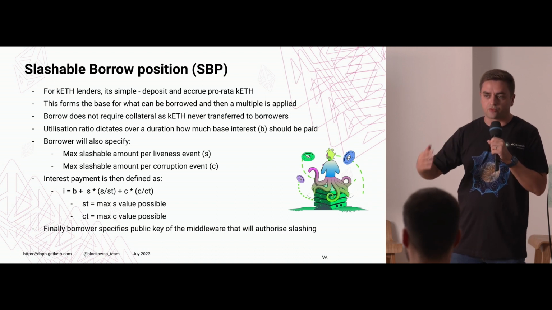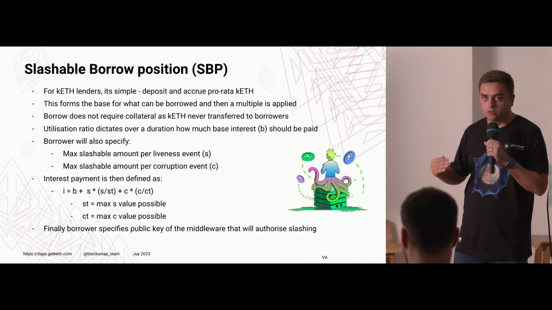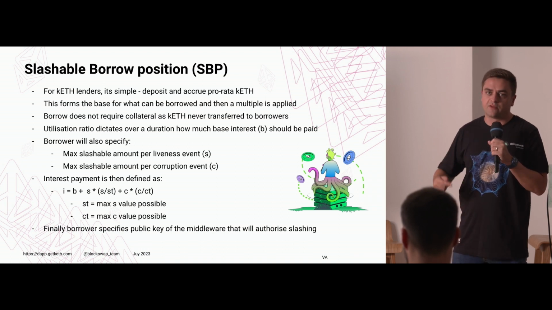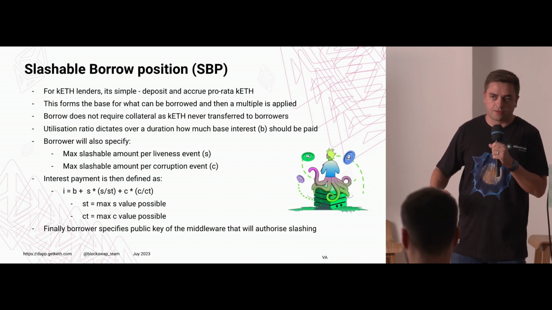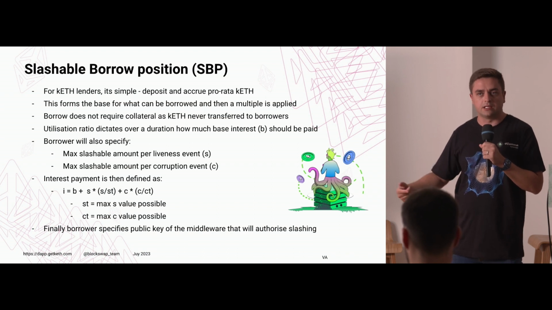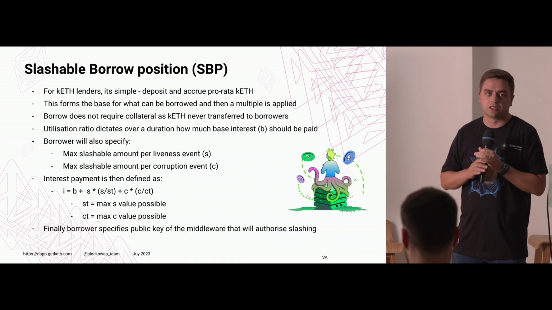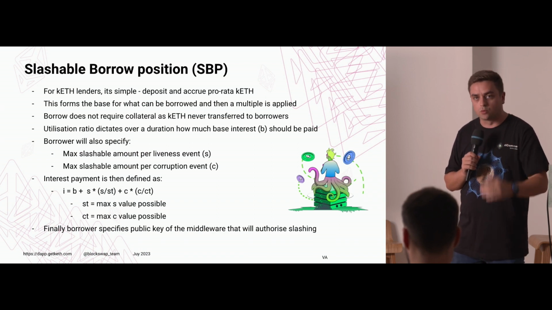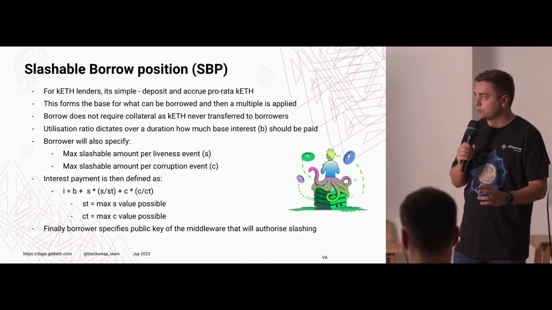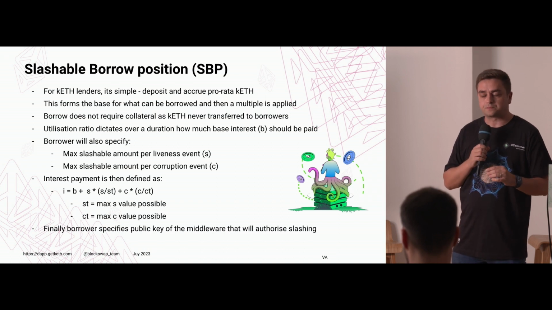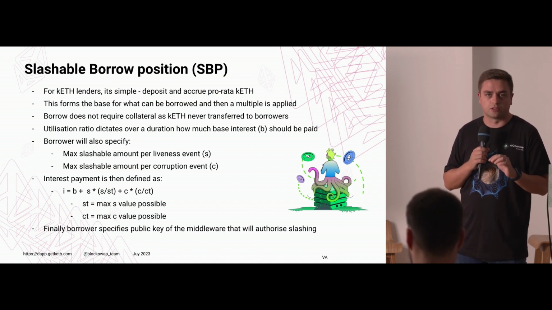And then as a borrower, when you're asking people to run your middleware, you're going to say to them, well, every time there's a liveness issue, the amount that can be slashed is X amount in kETH. Whenever there's a corruption issue, X amount can be slashed. There are upper bounds on what is possible for both of those values, and that's controlled by the smart contract really.